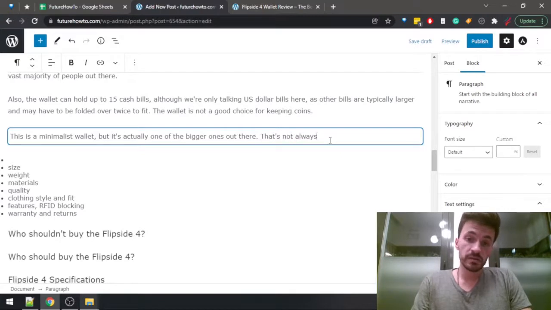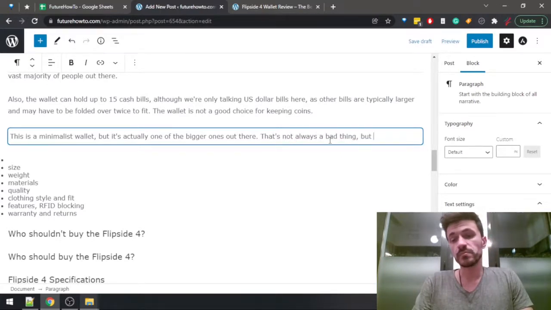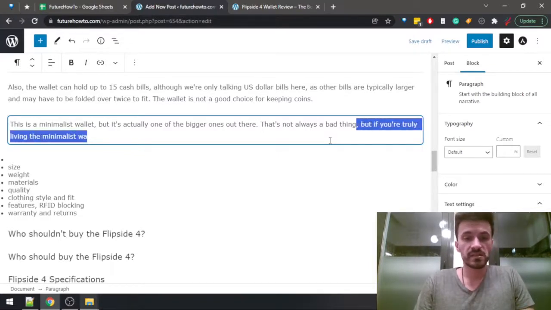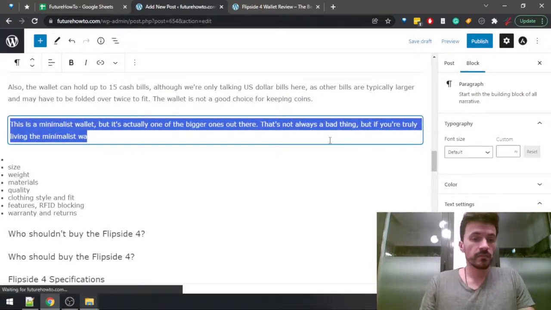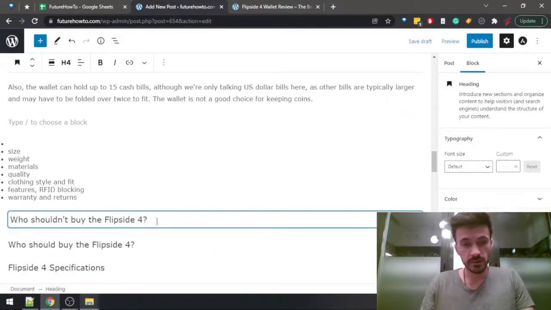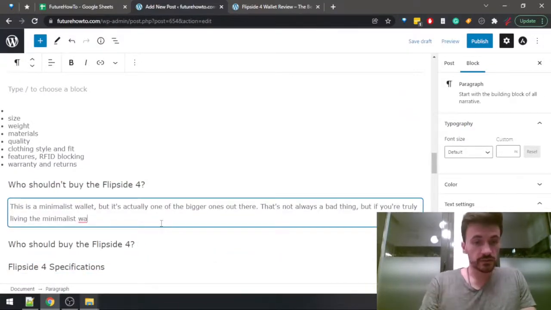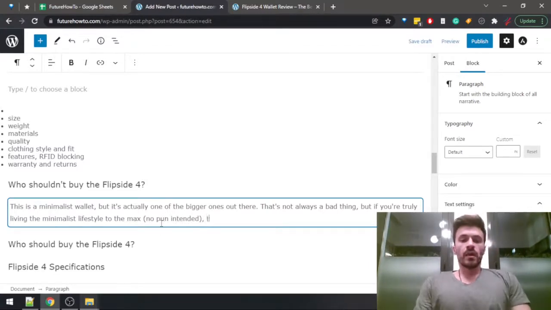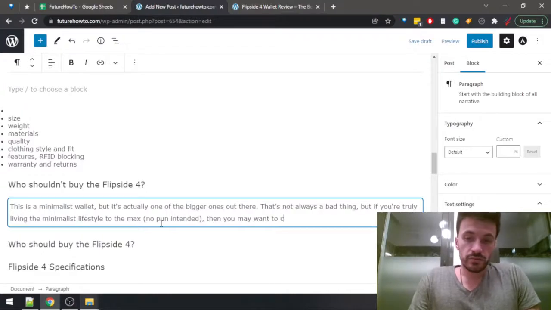That's not always a bad thing, but if you're truly living the minimalist lifestyle to the max, this is a bummer. Then you may want to choose a different wallet.